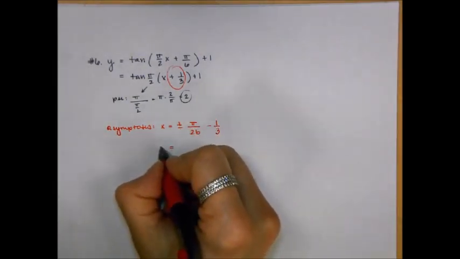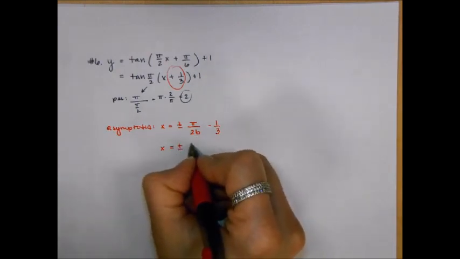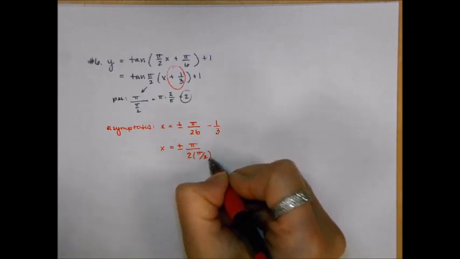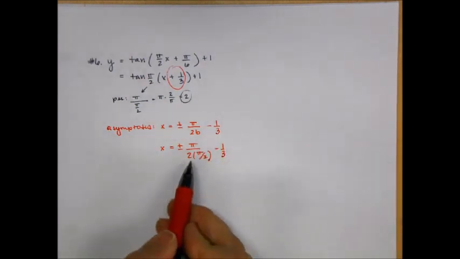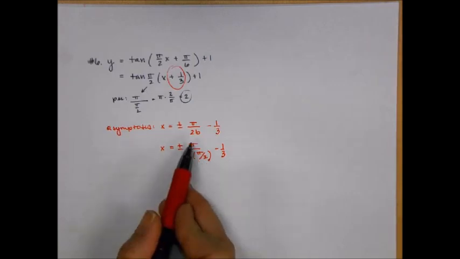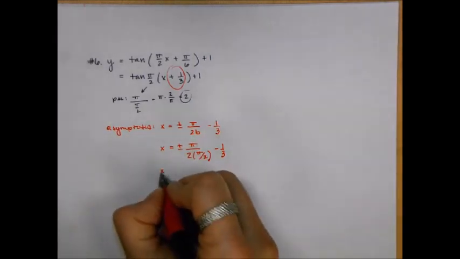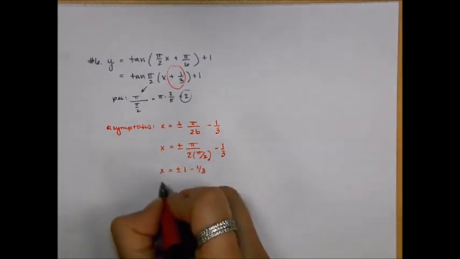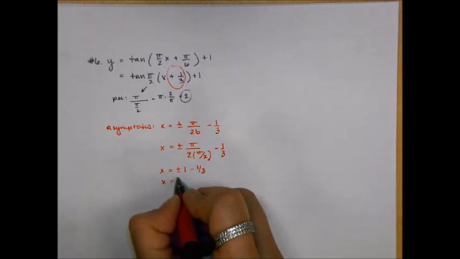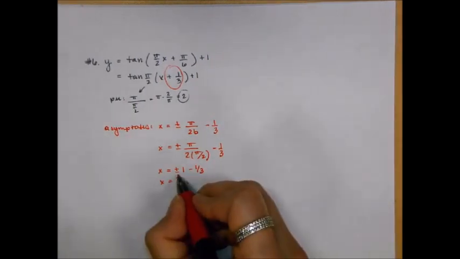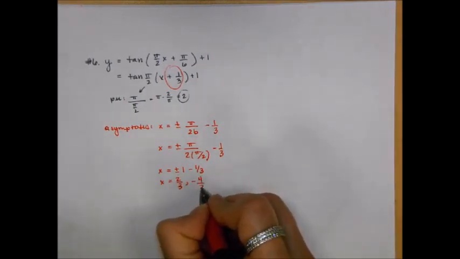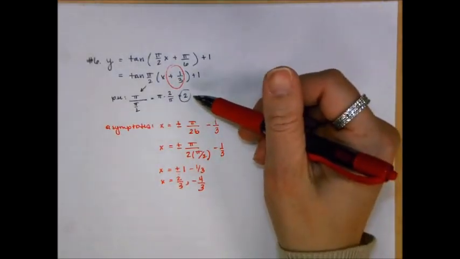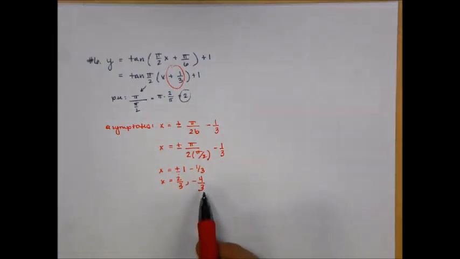So b was pi over 2. So that 2 over 2 reduces, pi over pi reduces to 1, and we're left with plus and minus 1 minus 1/3. 1 minus 1/3 is 2/3. -1 minus 1/3 is -4/3. And so with a period length of 2 units, my asymptotes are from -4/3 to 2/3, which is a distance of 2, right, under that translation.